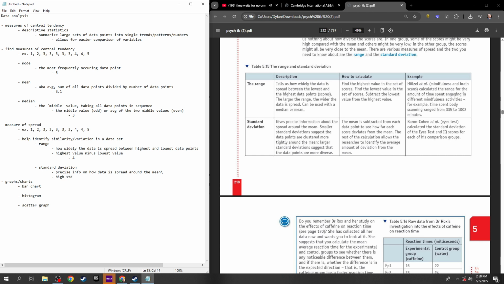I'm going to write SD for standard deviation. So high standard deviation equals high spread, and vice versa.